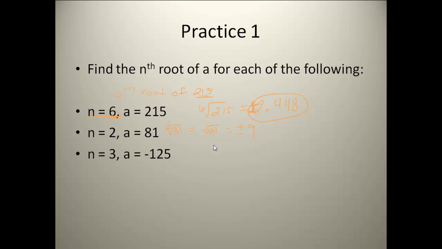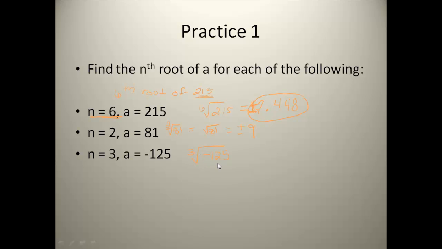Okay, this next one here wants to have the cubed root of negative 125. So if I set that up, and I can look at my cheat sheet on my cubed root, check to see if 125 is on there, and it is, but negative 125 isn't on there. So for this one, you have to be thinking about your final answer is just going to be negative.